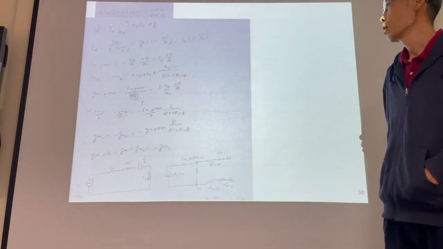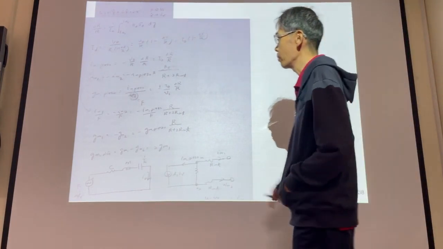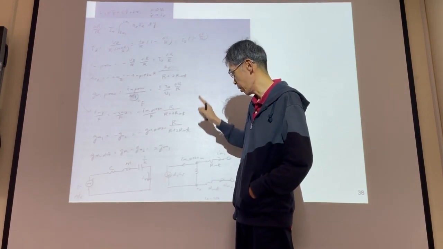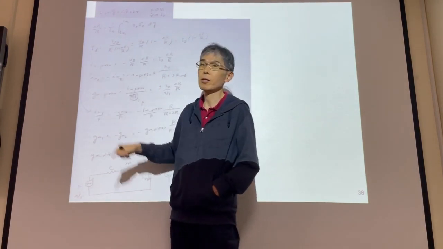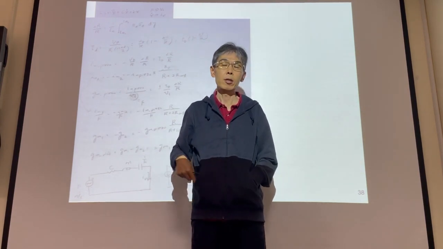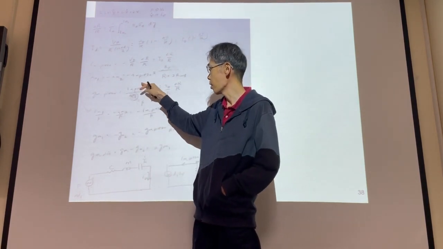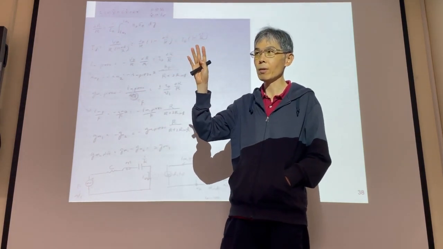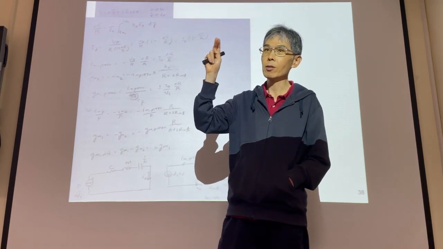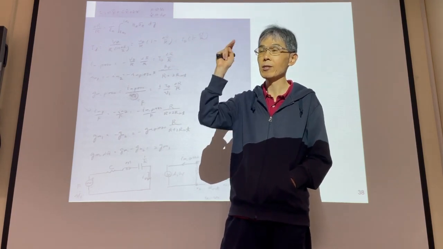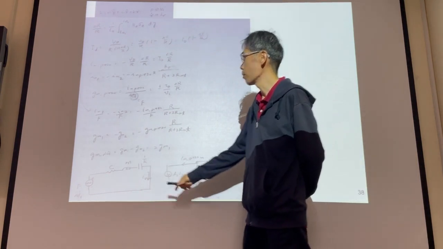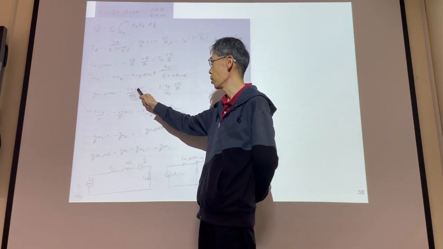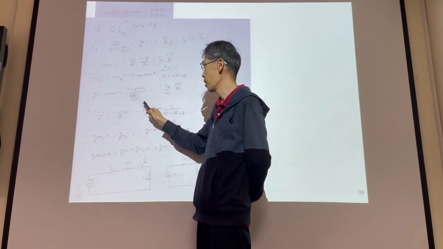Okay, so if you have derived this one, then we take this GM as the transconductance, which is the current divided by voltage. It's like the output current divided by the input voltage. We call this transconductance. So the transconductance of the piezo element is the piezo element current divided by the voltage.